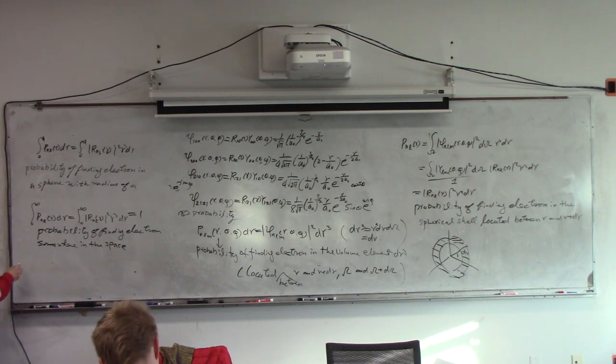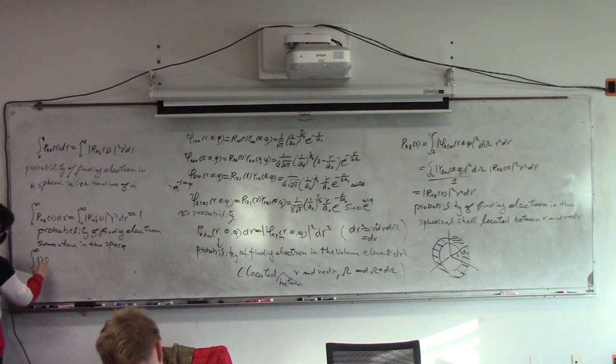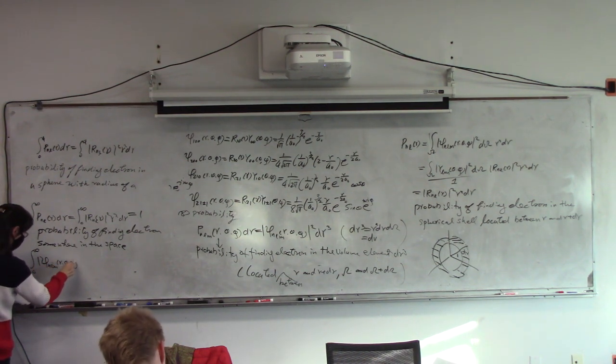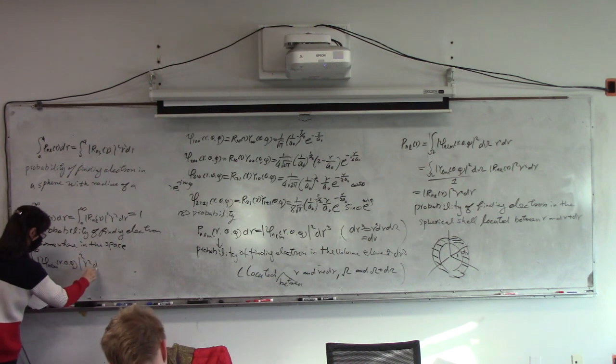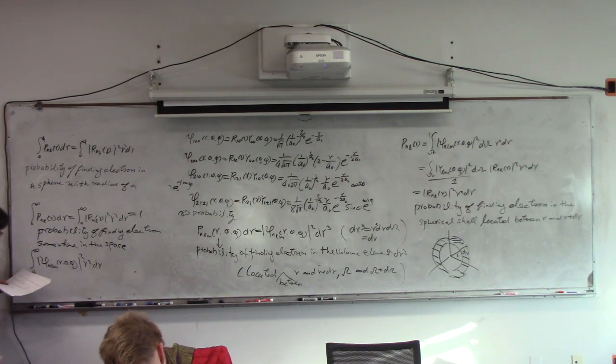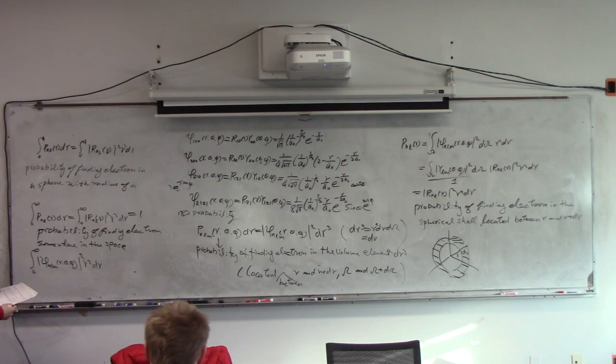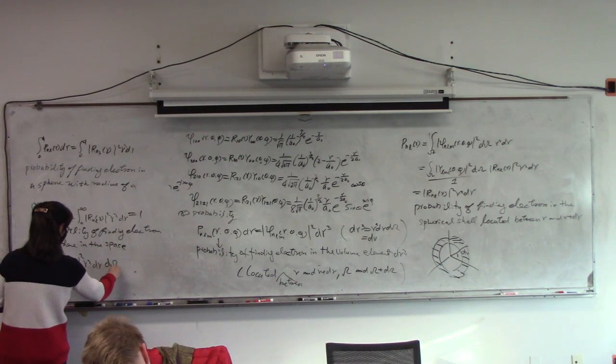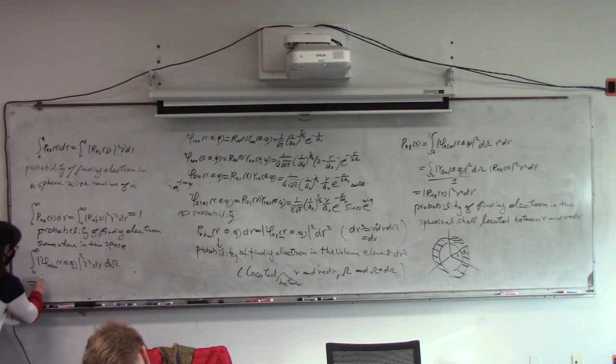So now, the last one I want to say: if I do the integral from 0 to infinity only for the radial part, not the angle part, so that is the radial part, only the radial function.